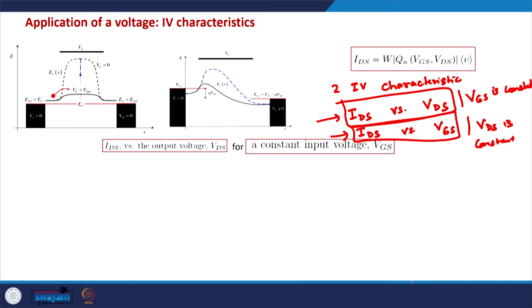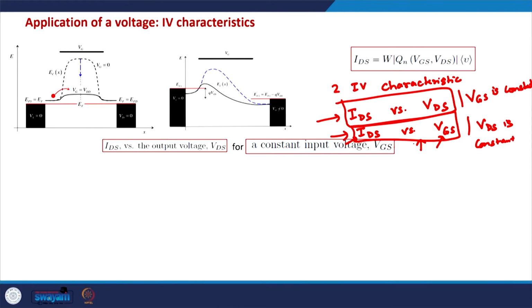It is as if we are trying to understand how this current is related to the voltage applied on the third terminal, which is not the terminal through which the current flows. The current flows between the source and the drain. So if we plot IDS versus VGS, it means we are trying to understand the impact of VGS, the impact of the third terminal, and that is why it is also known as the transfer characteristics.